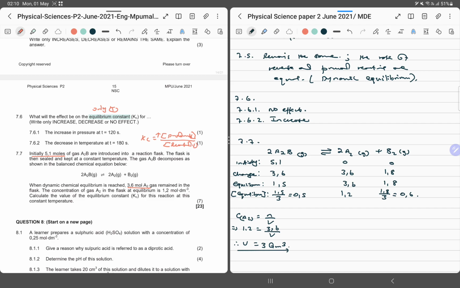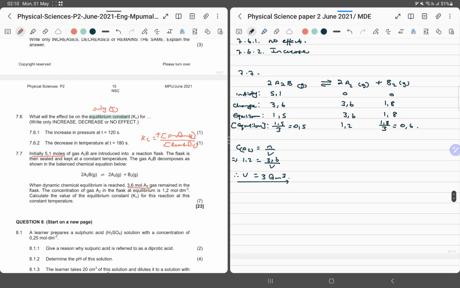Now that we are sorted, what do we do now? It says calculate the equilibrium constant Kc. We can then say Kc is going to be the concentration of A2 squared into the concentration of B2.